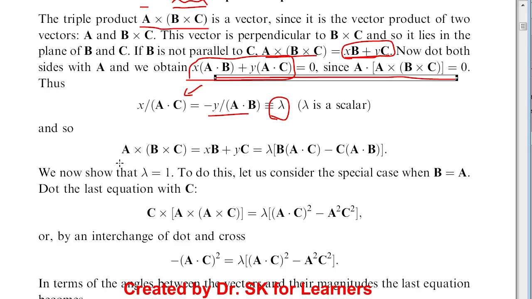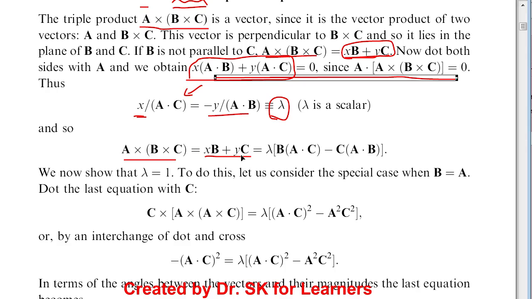And you knew from here that A cross B cross C equals x times B plus y times C, that lies in the same plane as B and C. So you know x is lambda into AC, and y is minus lambda into AB.